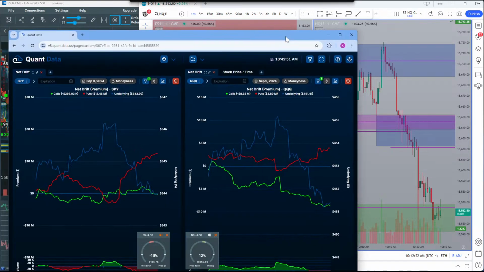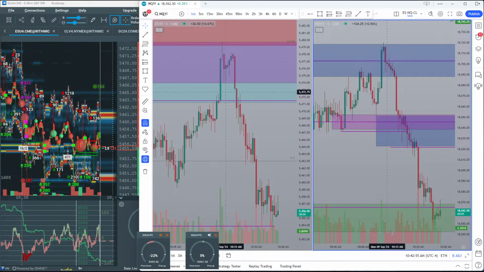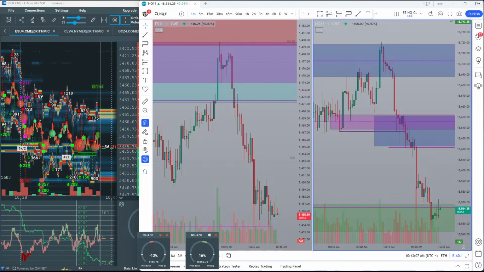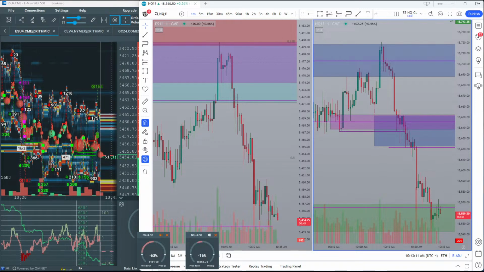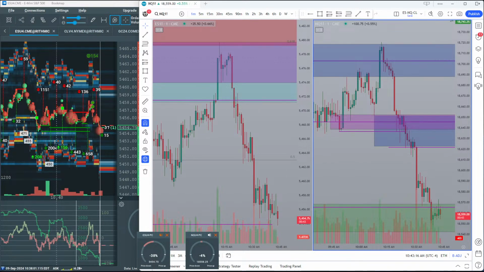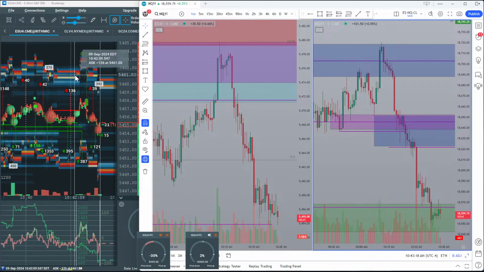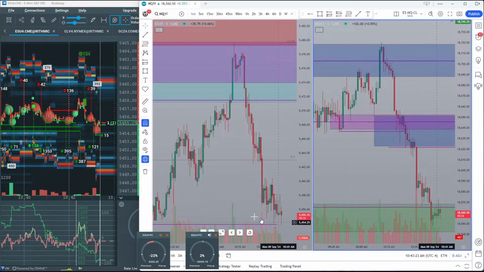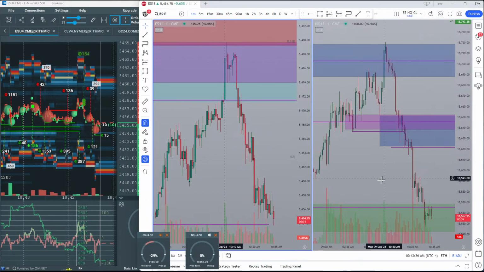Gotta remember that quant data. Sellers are still selling. Nice. Just waiting here. ES just broke that previous low. NQ did not.